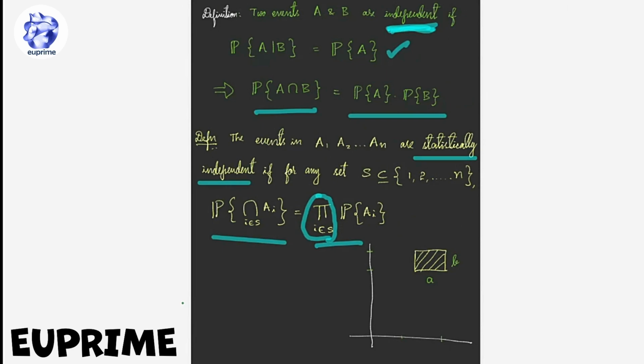So whenever you have independent events, you can just multiply the probabilities. That's the second consequence. And the first consequence is, if you're conditioning one event on the other, and if these two events are independent, you might as well not take into account the underlying conditioned probability. You can just write P of A given B is equal to P of A.